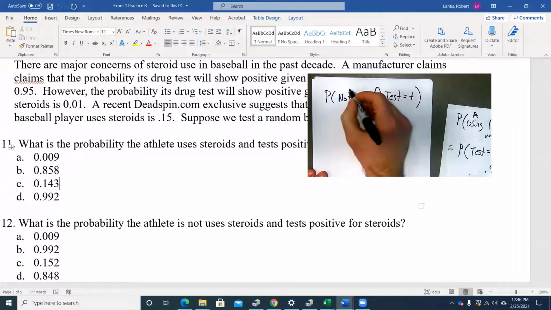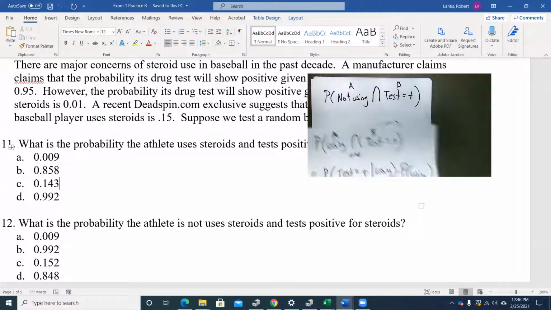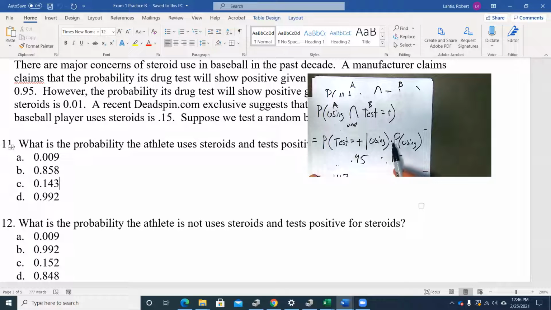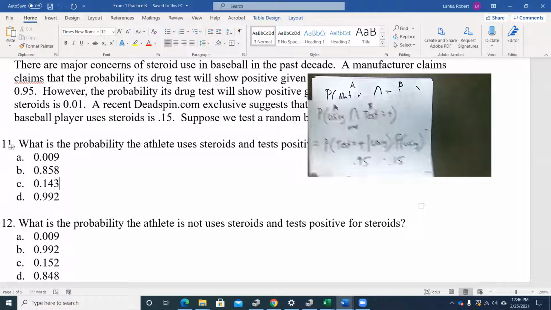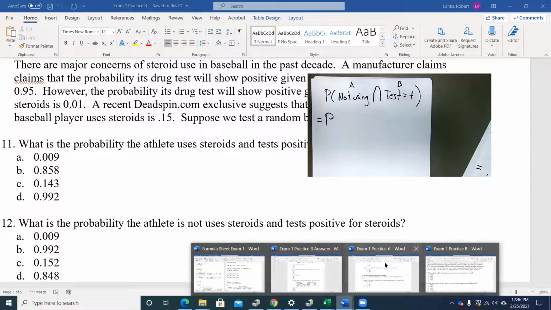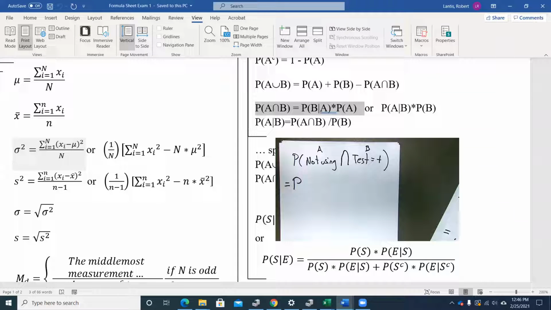We can think about this as my event A, this is my event B, and it's going to be using that same rule where we look at the conditional probability times what we're conditioning on. So just as a reminder, that highlighted formula is the one we're using.